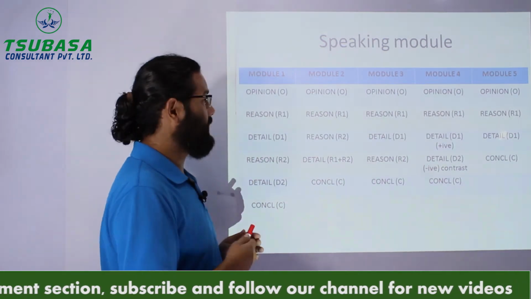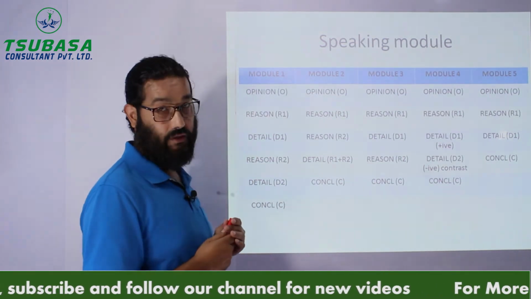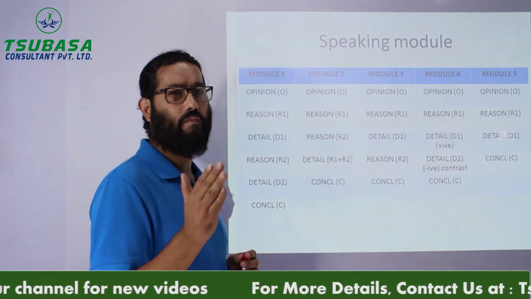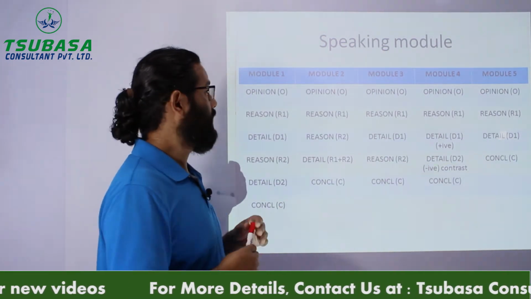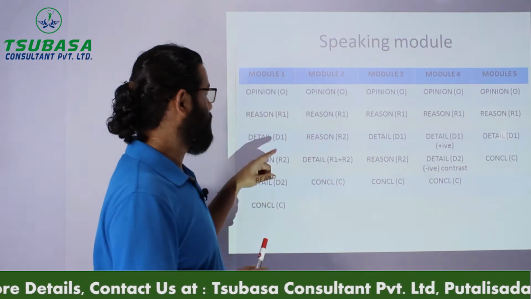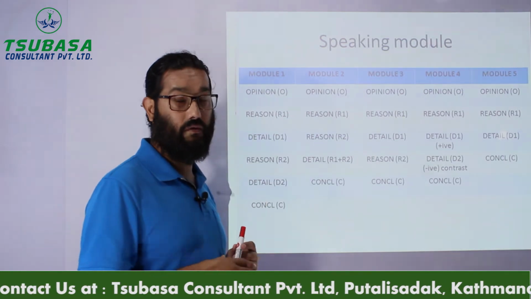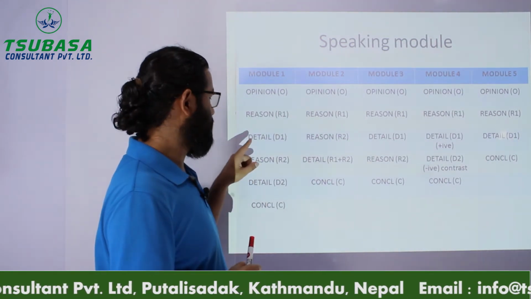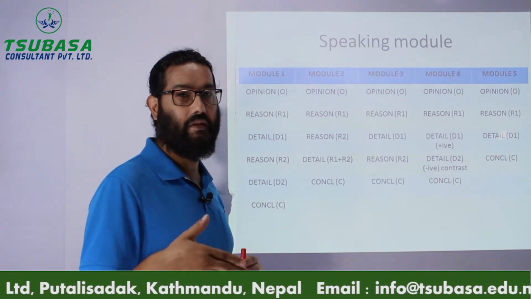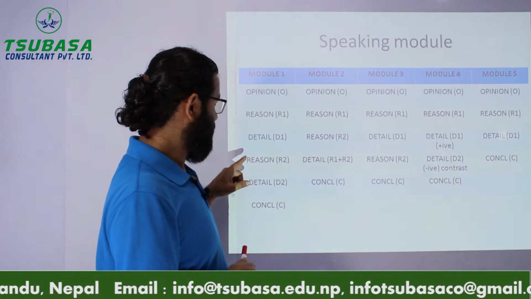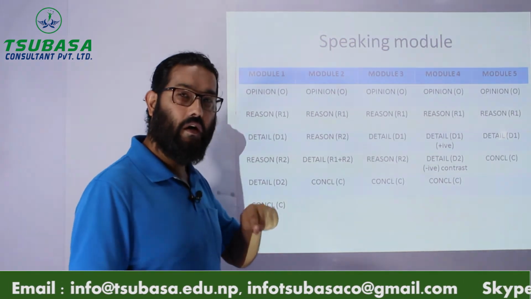So module 1 says, first thing is you're going to give an opinion. For example, you say, which do you prefer, home cooked food or restaurant food? And the opinion is, you say, I prefer home cooked food. So you're going to give the first reason. You could say it's affordable. So you're going to say something about how affordable it is. And then give another reason to why you prefer home cooked food.